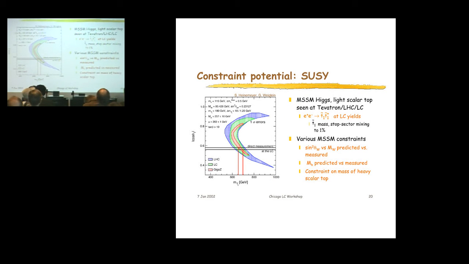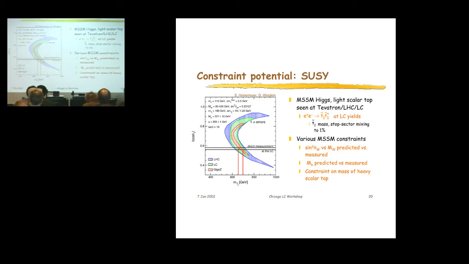Sven also mentioned the constraint potential with SUSY, and he walked through this plot. I just want to mention a little more, or reiterate, essentially, that there are various constraints that you can use within the MSSM that are similar, essentially, to the standard model constraints.